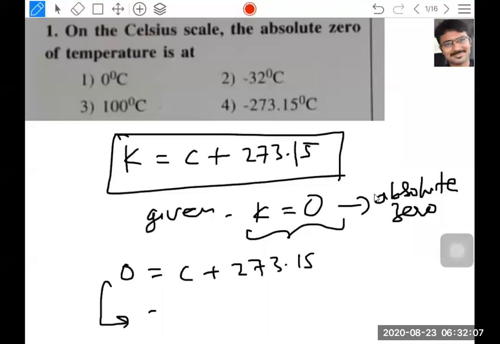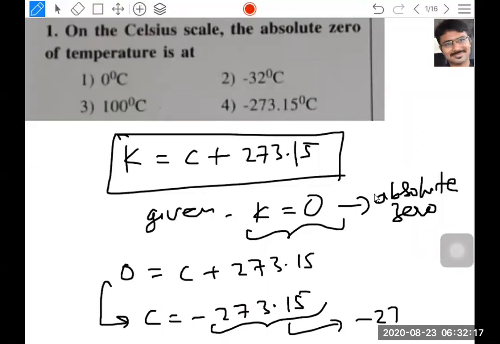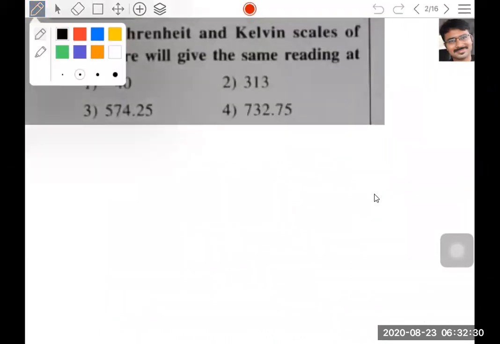Therefore, from this information, you can understand C is equal to minus 273.15, and this will be in centigrade. We can write the final answer as minus 273.15 degrees centigrade. This is the answer for this first problem. I hope you are clear. Now the second problem we'll observe.